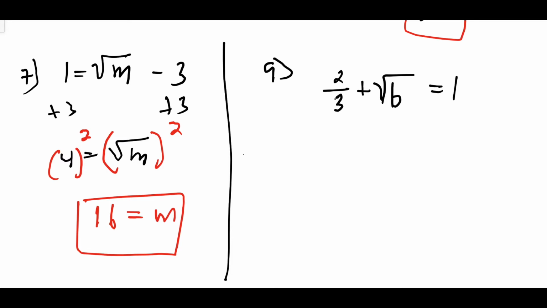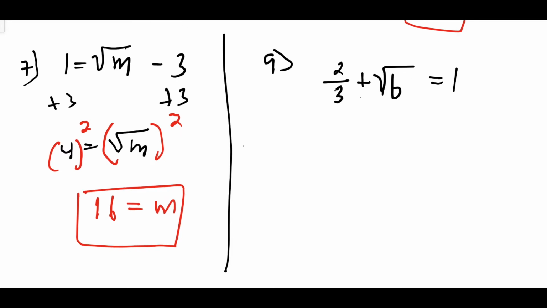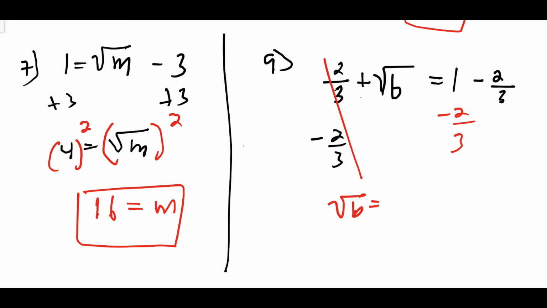Okay. All right. What's next? So minus 2/3. And then for these over here, I'm just going to put it right next to it. Minus 2/3. Like that. So then you wipe out on the left. Boom. You get the square root of b is equal to, and then instead of putting it down below, I think it's just confusing looking at it like that.